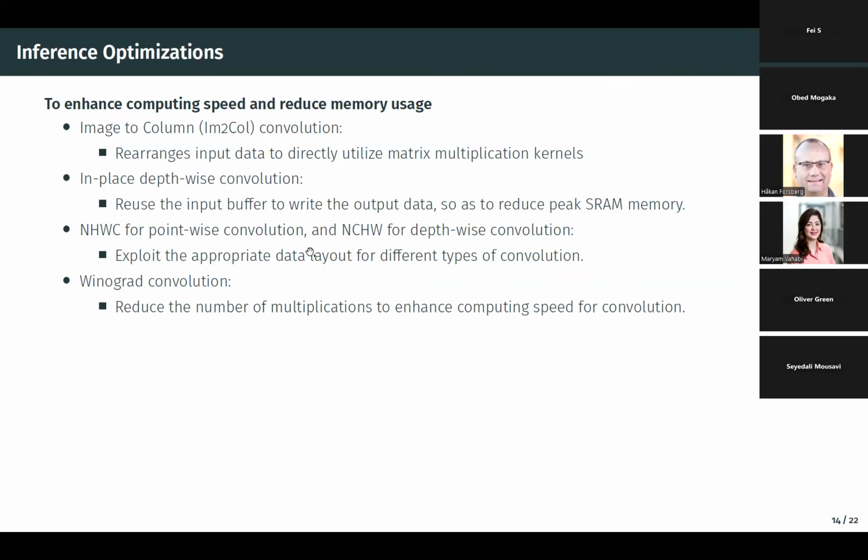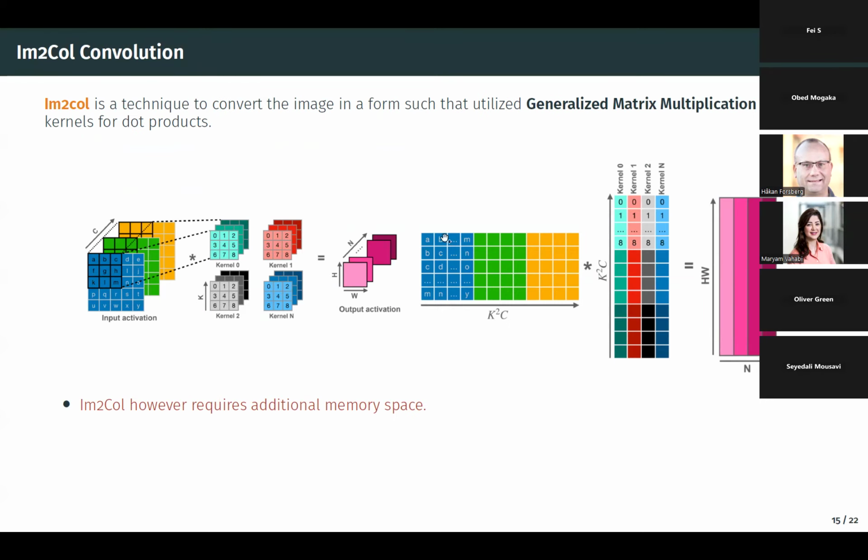But the other trick, this method that was proposed, is that rather than having the loops, you can basically transform this into a matrix. You take an image and extrapolate it to a single row, and then you do a matrix multiplication.